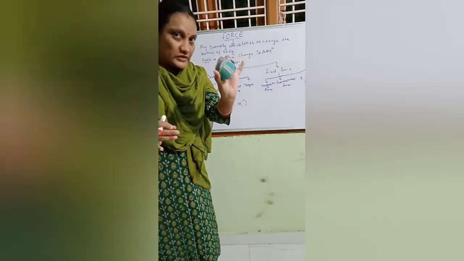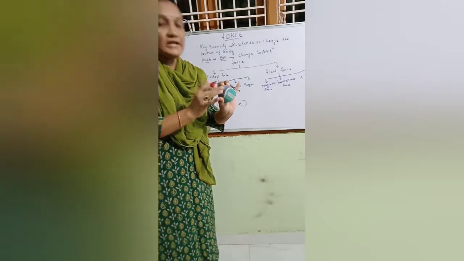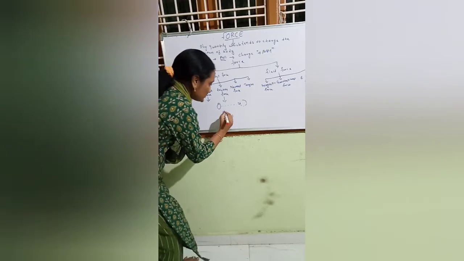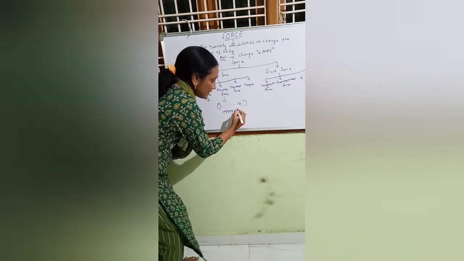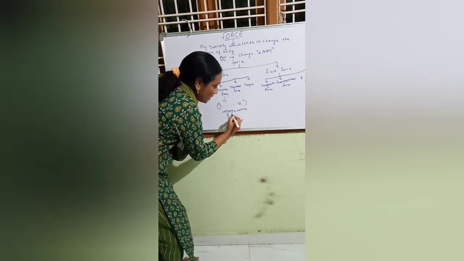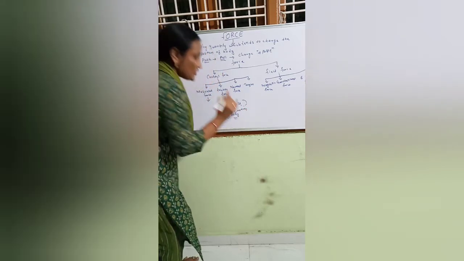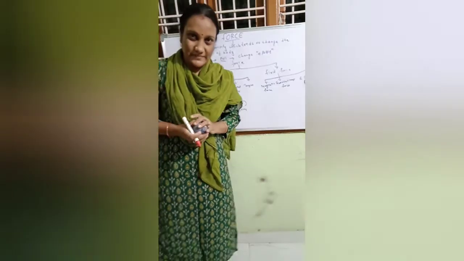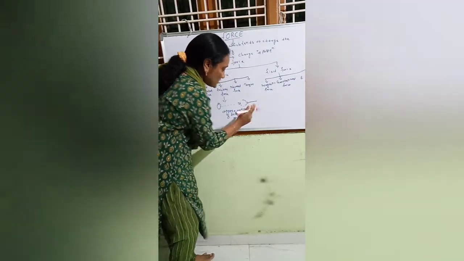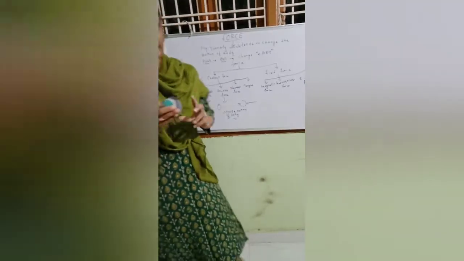Some particular force is opposing the motion of the ball. That force which opposes the motion of a body, we call frictional force. It will be in the opposite direction to the motion of the body.